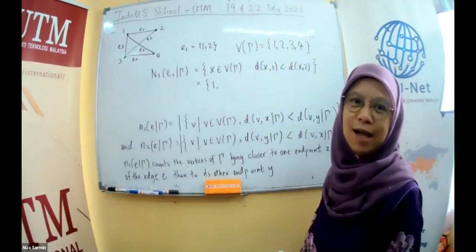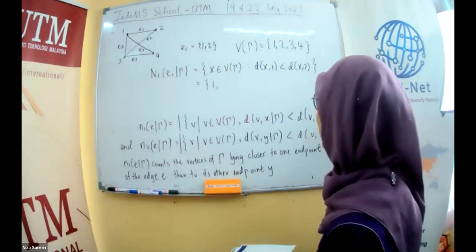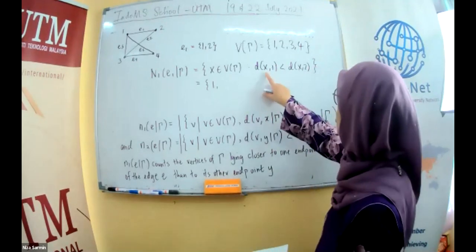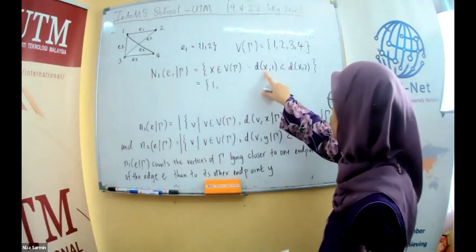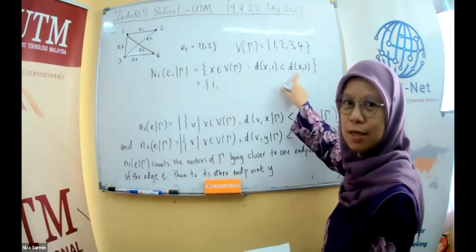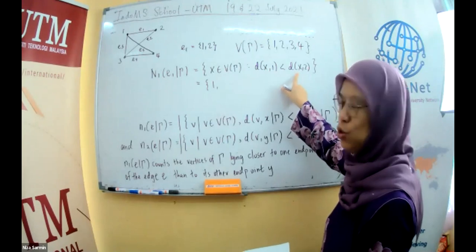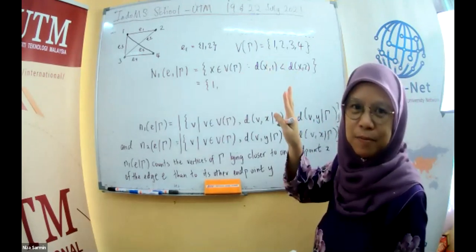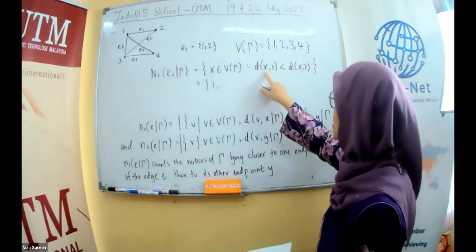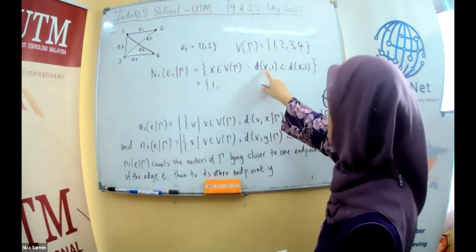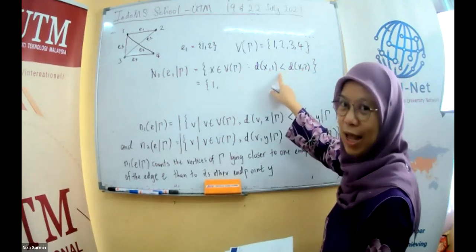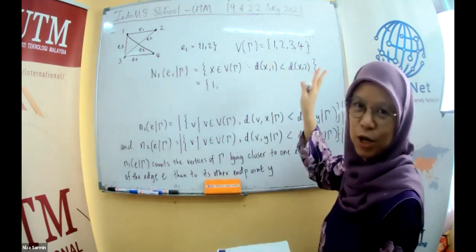Now starting to understand. You check 2. If you put 2 here, the distance from 2 to 1 is 1, from 2 to 2 is 0. Is 1 less than 0? No. So 2 cannot be. Next one is 3. The distance from 3 to 1 is 1, from 3 to 2 is 1. It's not less, it's equal. So don't put the 3.